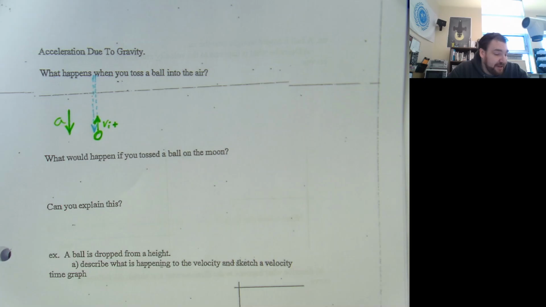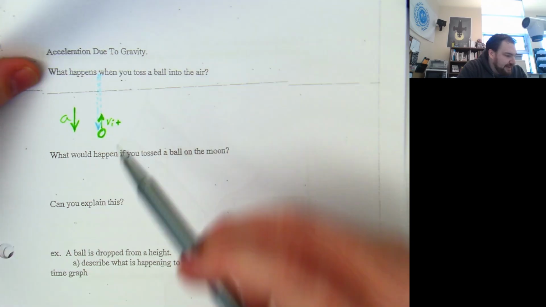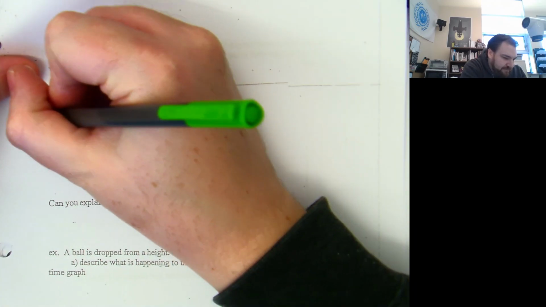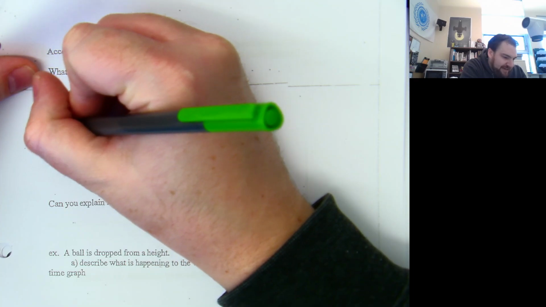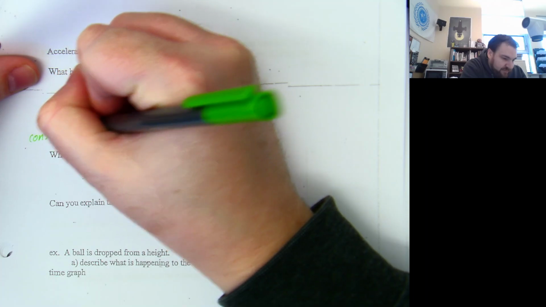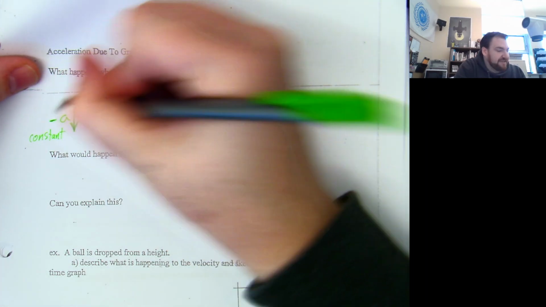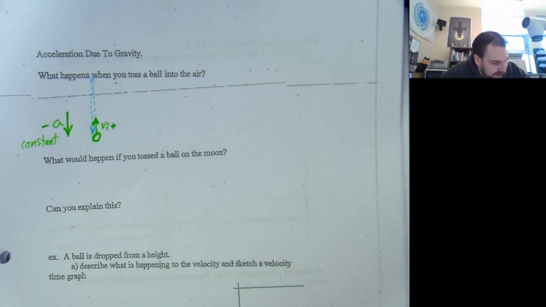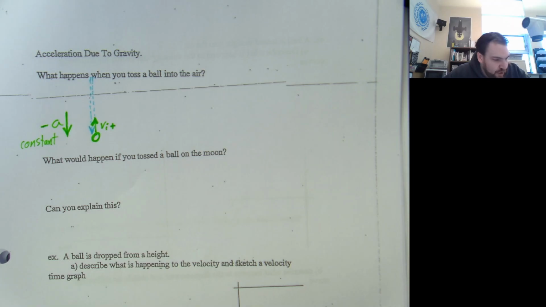Because gravity is pretty universal, it's going to be downwards the whole time. And it's going to be constant. So we're going to have some negative acceleration. Brad called up positive earlier. There'll be some negative acceleration downwards. So as soon as the ball leaves my hand, what's it doing? It's going up and?